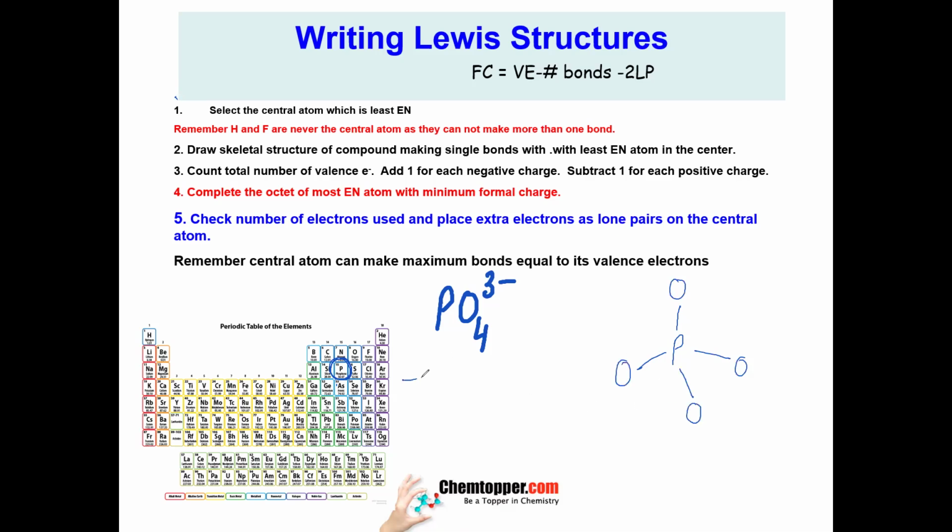Now, Suniti, total valence electrons are P's 5. Each oxygen is 6. And this 3 minus means you have to add plus 3. It is 32, right? Now, how many oxygens are doubly bonded?